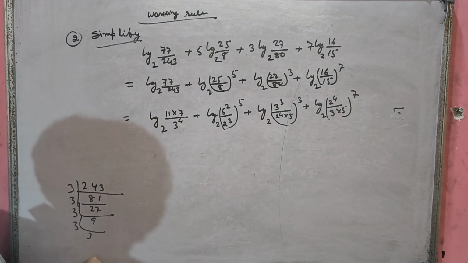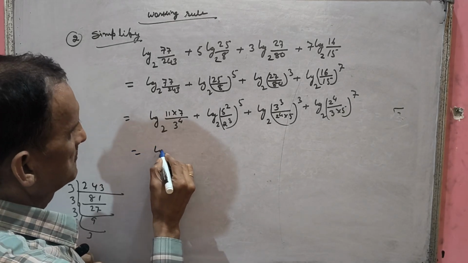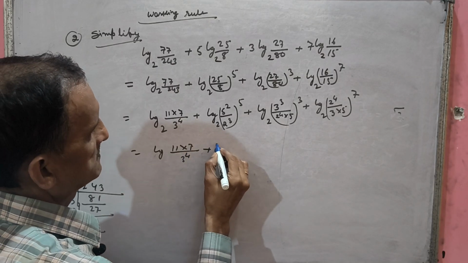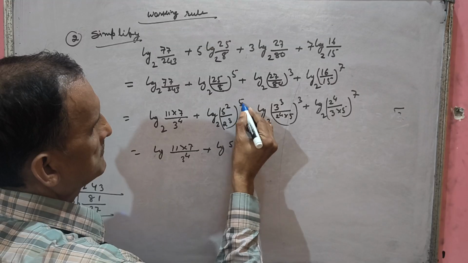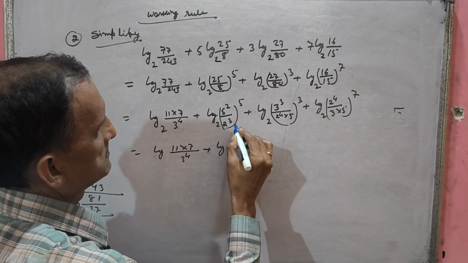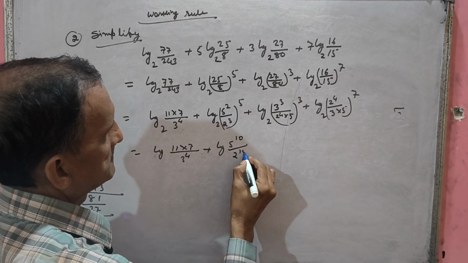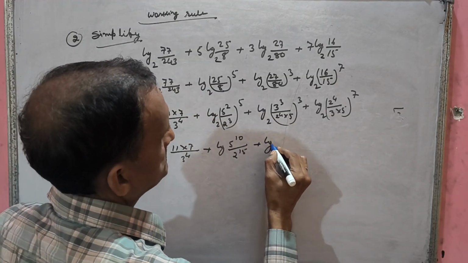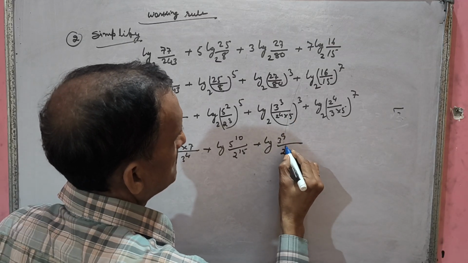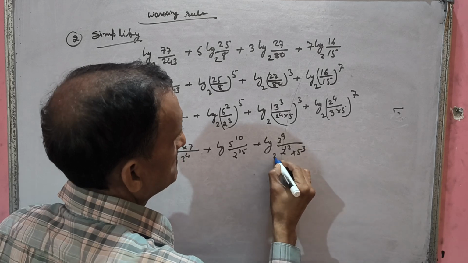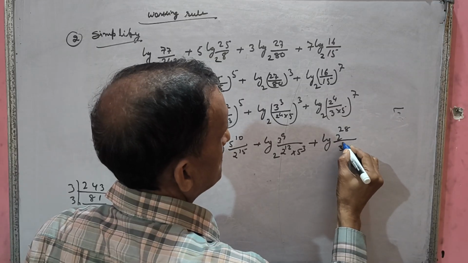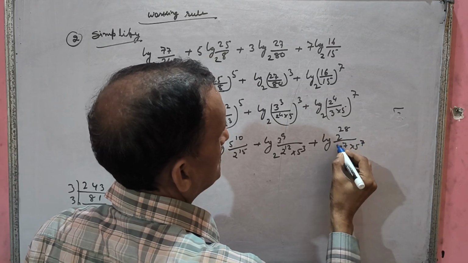It will be lengthy, but it can be easy. Now this is log 11 into 7 by 3 to the power 4, plus log 5 to the power, whole power gets multiplied, 10, and here also whole power, no, this is power on this also, 3 5 ja 15, plus log 3 3 ja 9 and 4 3 ja 2 to the power 12 into 5 to the power 3, base is 2 here, plus log 28 by 3 to the power 7 into 5 to the power 7.